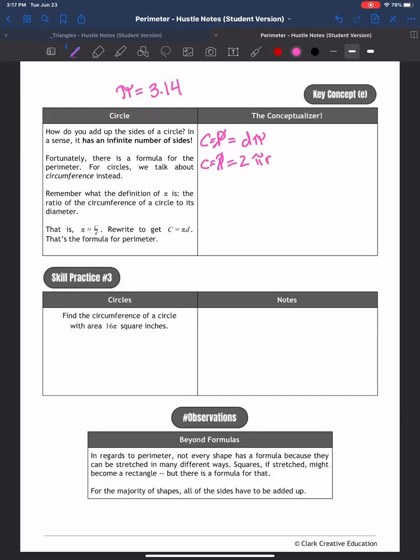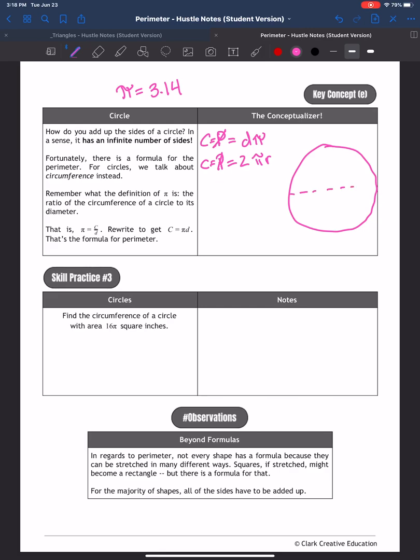And then you're going to solve your answer by figuring out your radius or your diameter, depending. So remember, here's my circle. Again, I know it's not perfect, I'm sorry.